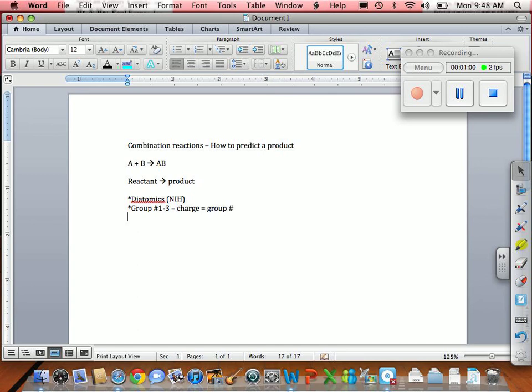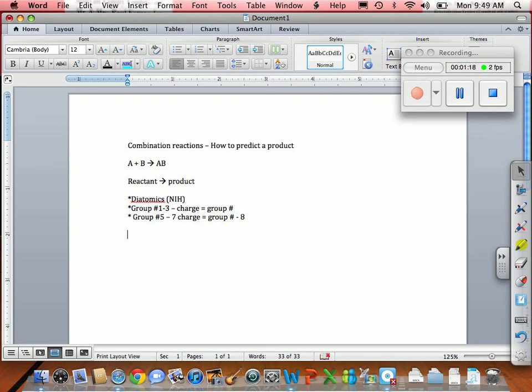We also need to know that for groups 5 through 7, the charge is equal to the group number minus 8, as Nancy corrected me in class. Good job, Nancy.